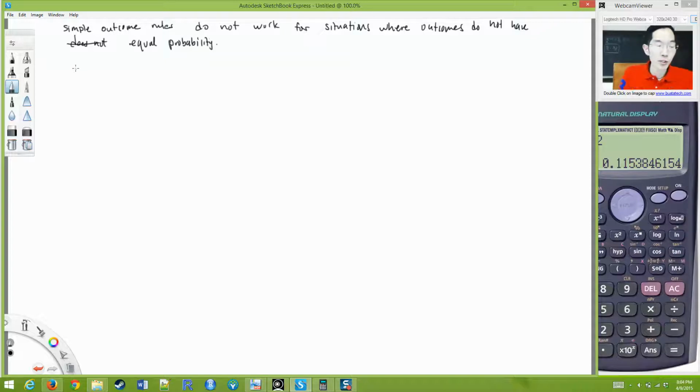So for example, let's say we roll 2 dice, and I ask, what is the probability that the sum of the dice is 8?